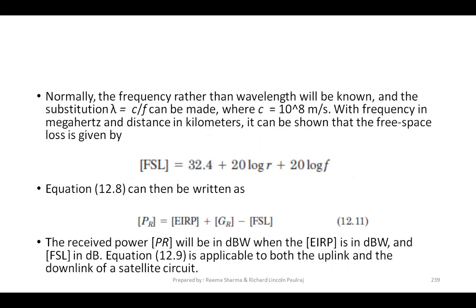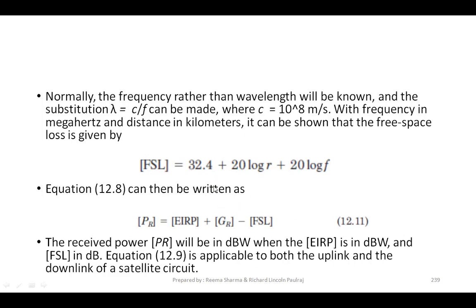Normally, the frequency rather than wavelength will be known, and we substitute lambda equal to c by f, where c is the speed of light and f is your frequency of operation, which is actually in megahertz. The distance is in kilometers, and it can be shown that FSL is equal to 32.4 plus 20 log r plus 20 log f, where f is your frequency.